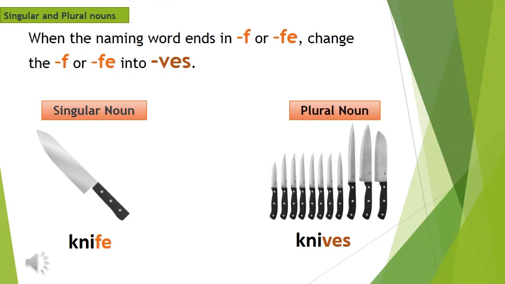Knife. Knife ends with the letters FE. To change knife into plural, we will remove FE and add VES. So it will become knives.